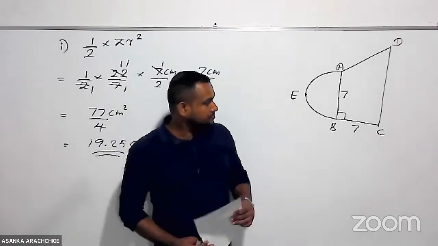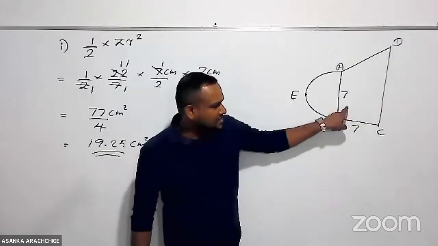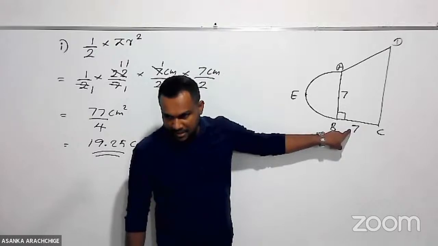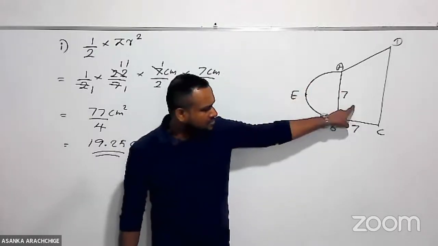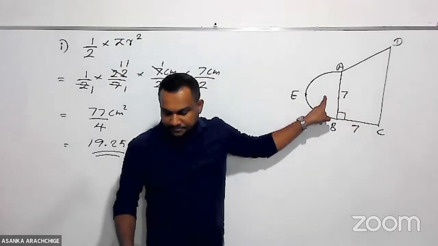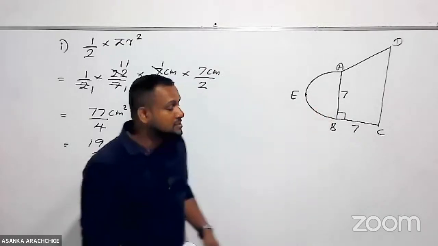Half into the sum of the lengths of the parallel sides into the perpendicular distance. Right. So what is the relationship between the areas of these two shapes? The area of the trapezium is 6 times this.